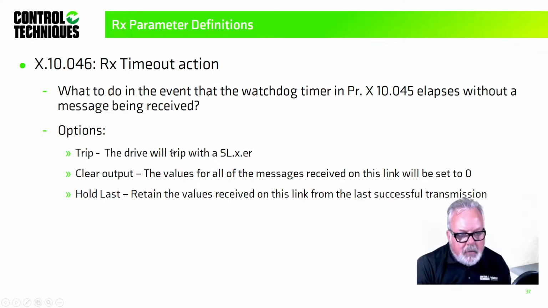Of those, I would highly recommend trip. If there's something wrong and I'm relying on mission critical data, well, I want to know that that message has not been received or that packet is not being received. So I generally choose to trip the drive if the watchdog times out.